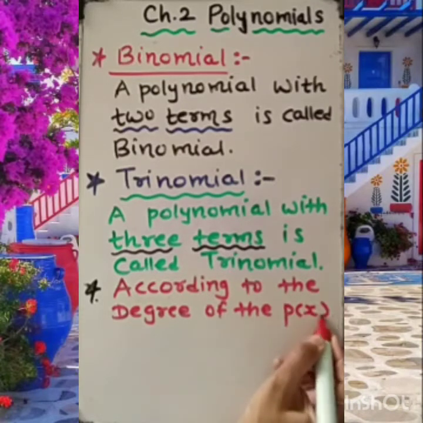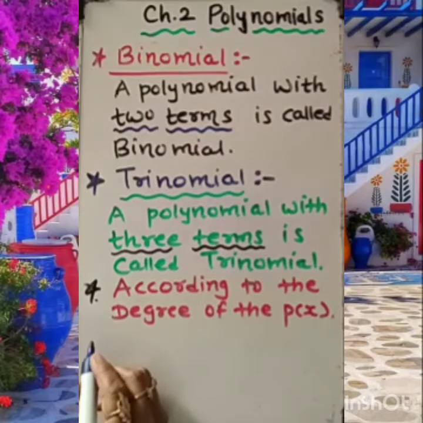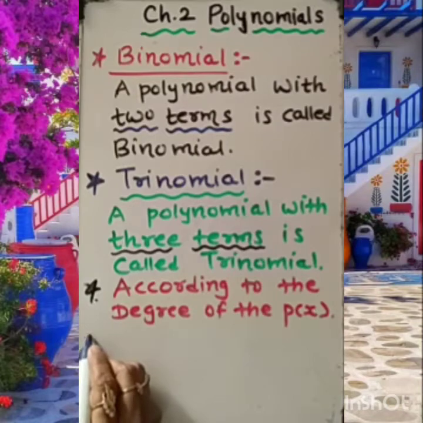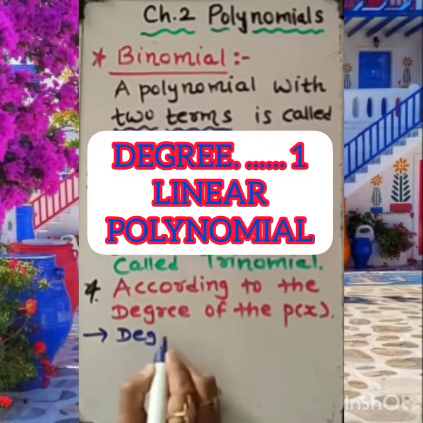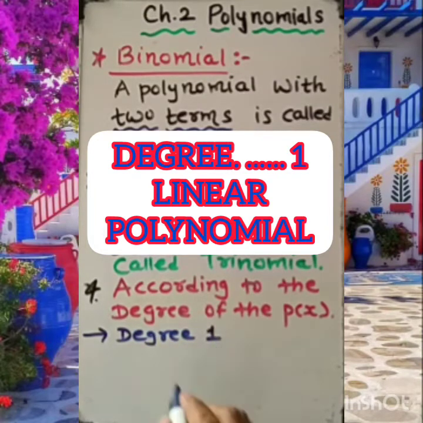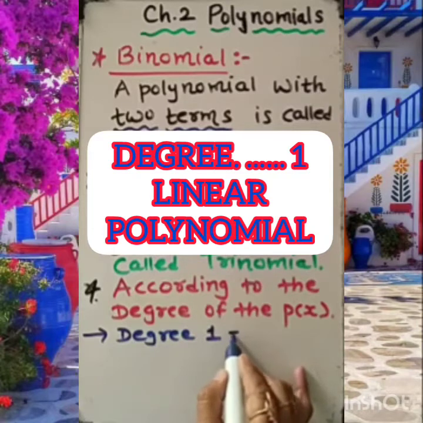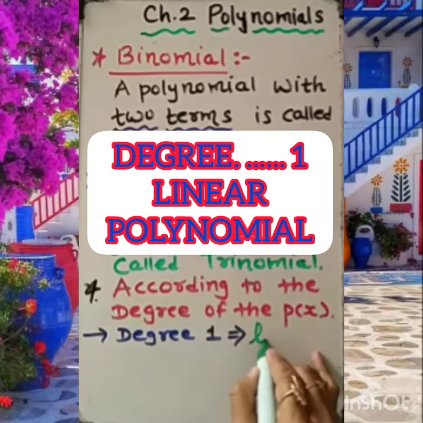According to the degree of p(x), that is, the polynomial, please keep this in mind. First point, remember degree 1: if a polynomial has degree 1, then it is called a linear polynomial.